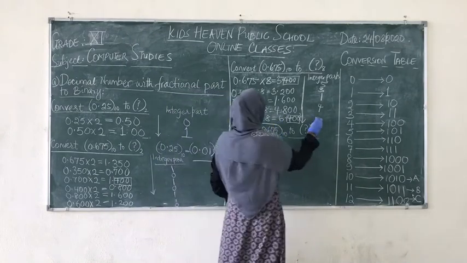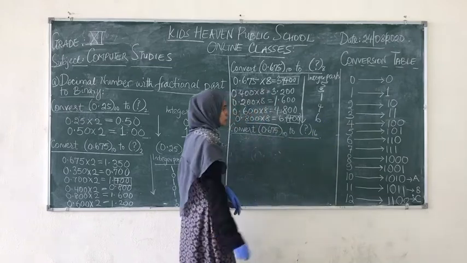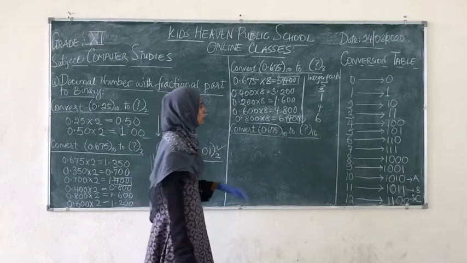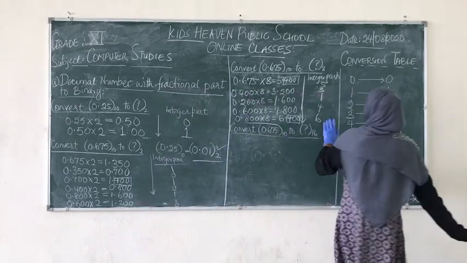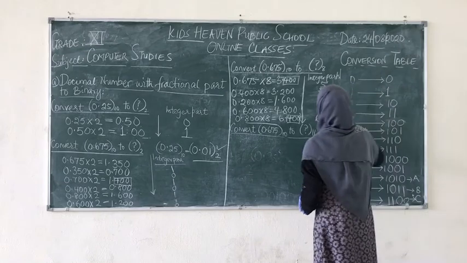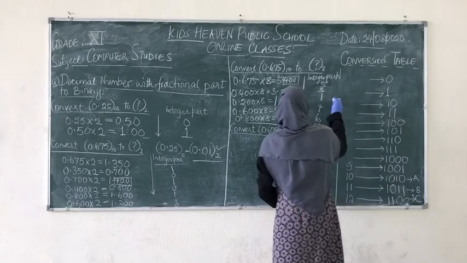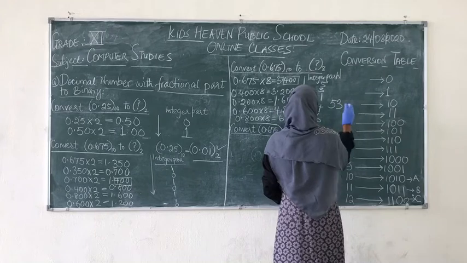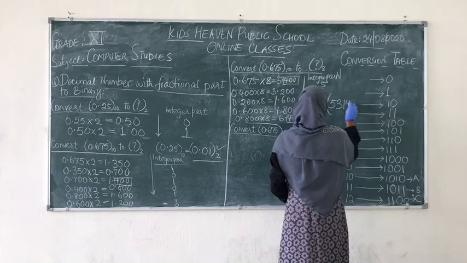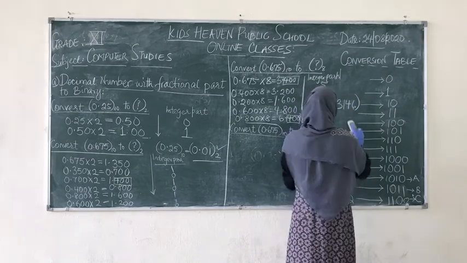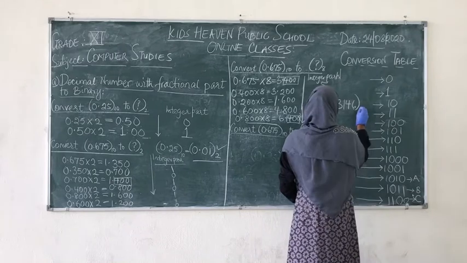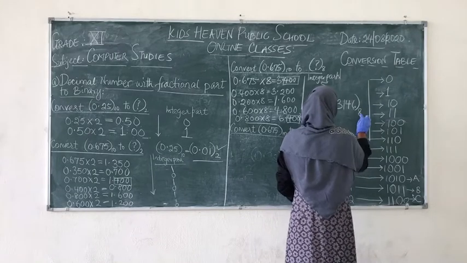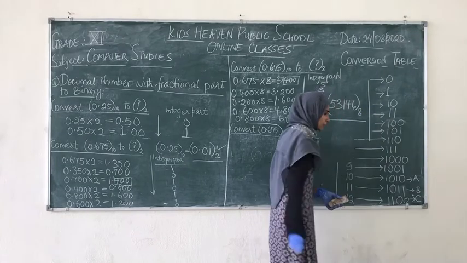Note down the integer value here. Once we have noted it down, we can quickly put on the answer here. We can write the answer, which is 5, 3, 1, 4, 6 in base 8. This is now our new octal number.